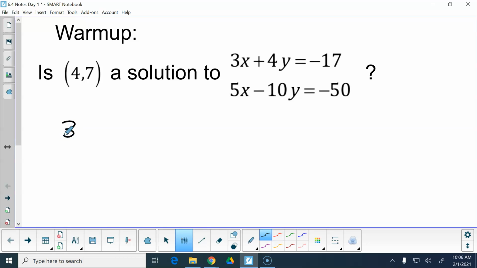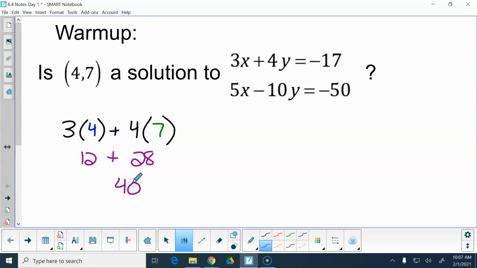So if I go 3 times 4 plus 4 times 7, 3 times 4 is 12. 4 times 7 is 28. 12 plus 28 is 40.